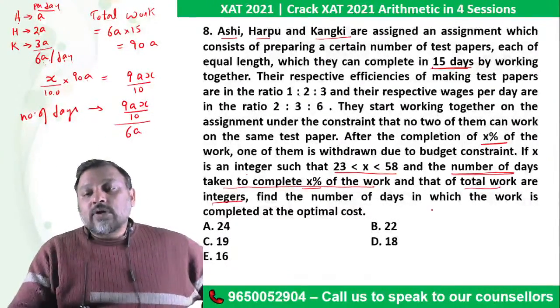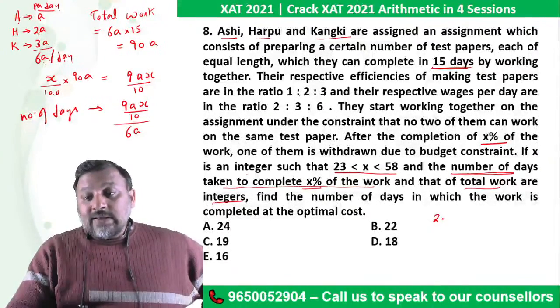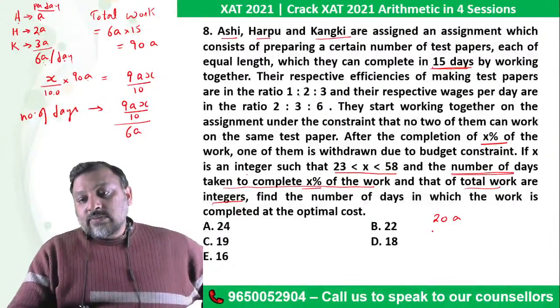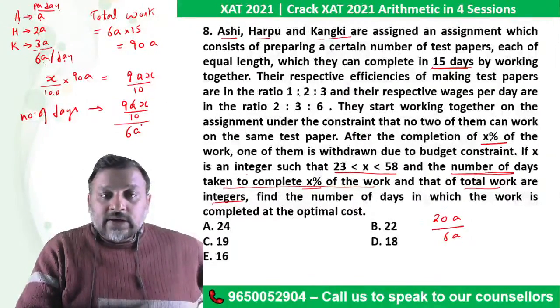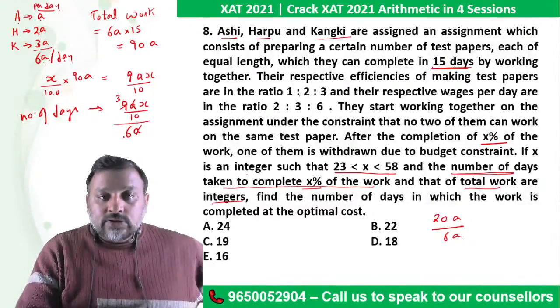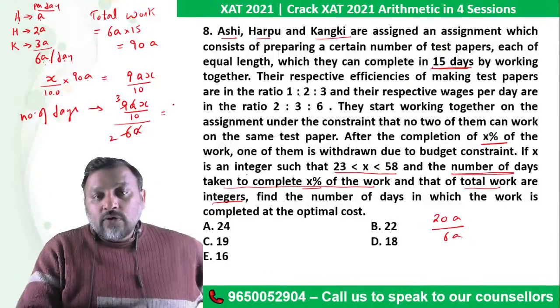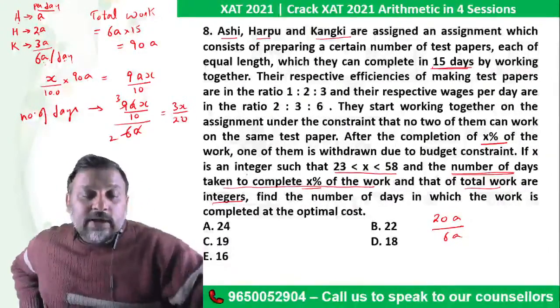क्या अगर मैं बोलता हूँ आपको 20A वर्क करना है तो कितने डेज में होगा? 20A by 6A. So this will get cancelled. This is 3, this is 2. So value would be 3x by 20. देख लो इतना अभी तक सबको समझ में आ रहा है?